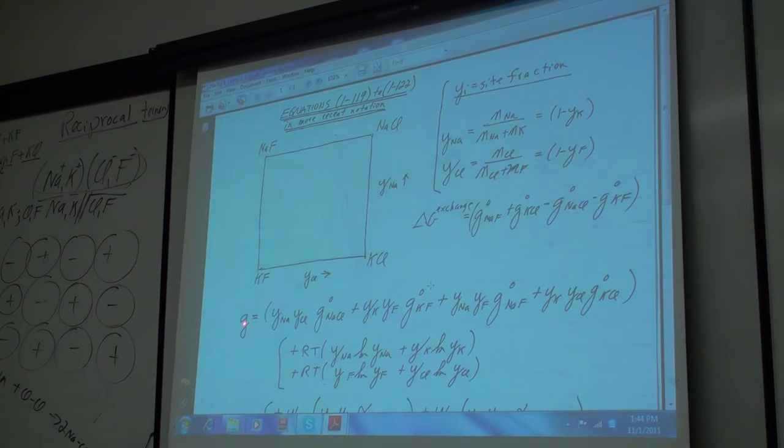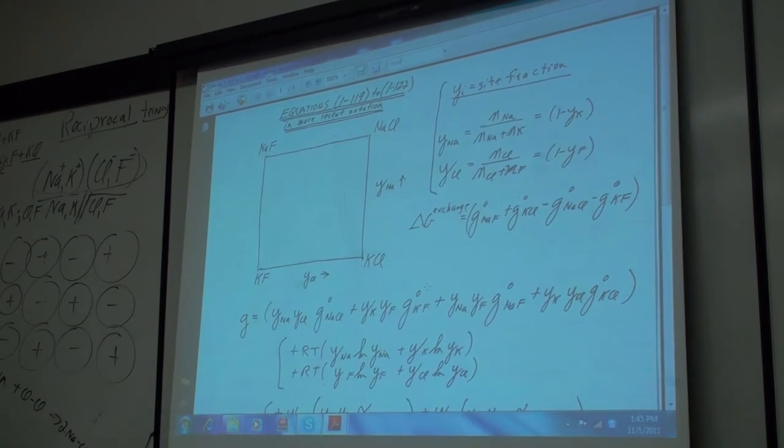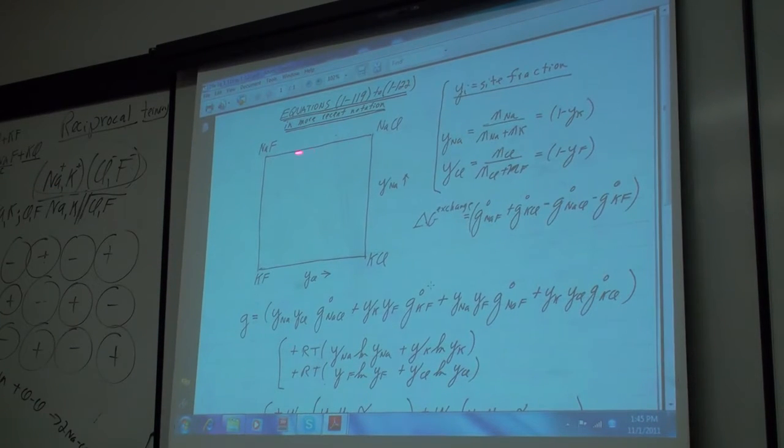Okay, let's do it this way. G, this is the expression we tend to use here. Now let's go across a binary solution, NaF, NaCl. Along this solution you're mixing sodium fluoride and sodium chloride. Along that binary, Y sodium equals 1 and Y potassium equals 0.